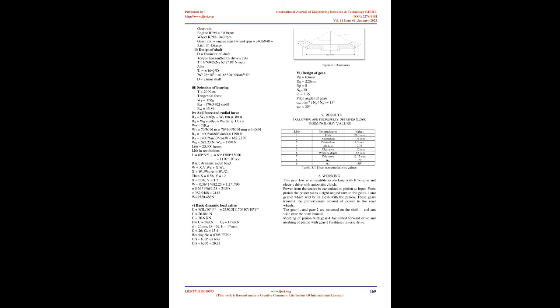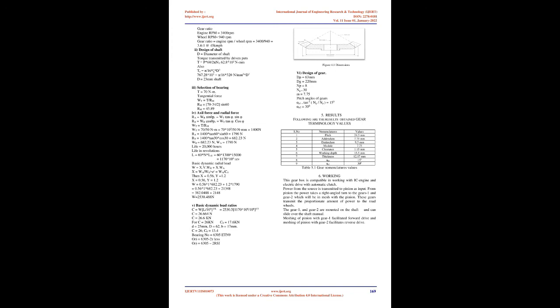RA equals WR sin P1 equals WT tan F sin F. RR equals WR cos P1 equals WT tan F cos F. Wt equals T/Rm equals 70 by 50 Nm equals 70 *10^3/50 Nmm equals 1400 N. Ra equals 1410 60 sin 60 equals 1790 N. Rr equals 1410 30 cos 30 equals 682.23 N. Wr equals 682.23 N. Wa equals 1790 N.